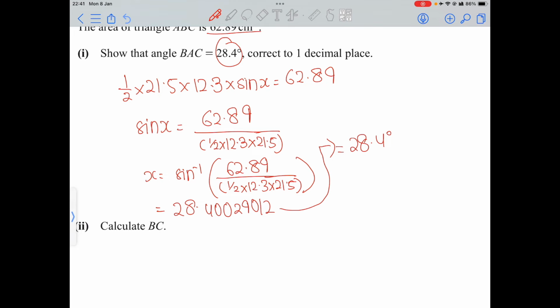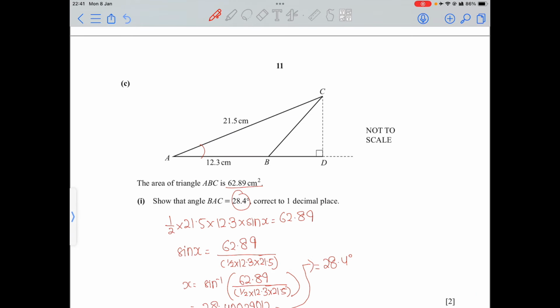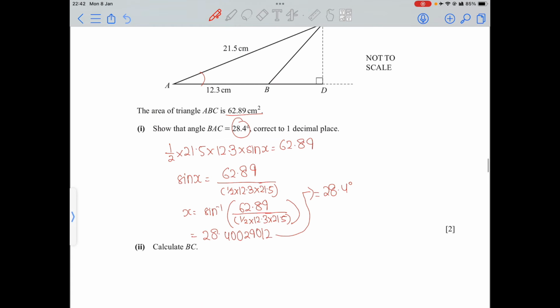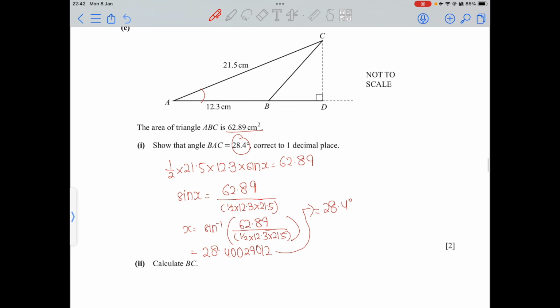Calculate the length of BC. To find BC, you could use the cosine rule.